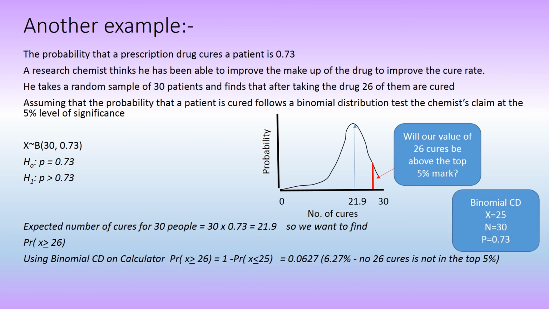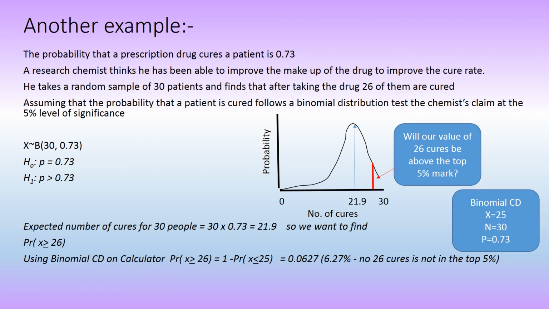Now, using this binomial CD function on our calculator, we're going to find out the probability of it being 26 or more cures. But of course we can't do that on our CD function. We have to find out the probability of finding 25 or less cures and then subtract that away from 1.